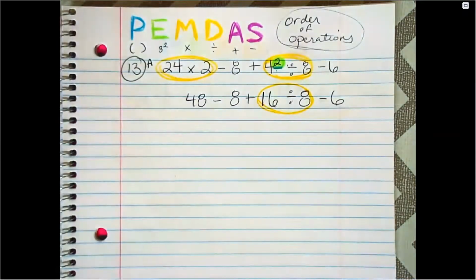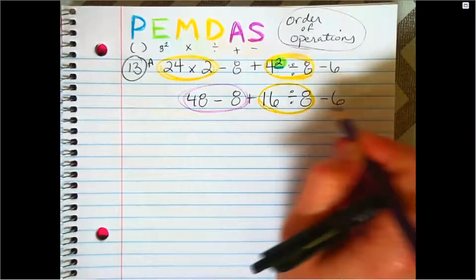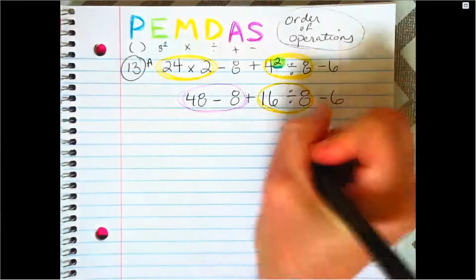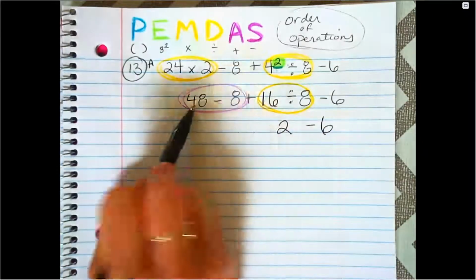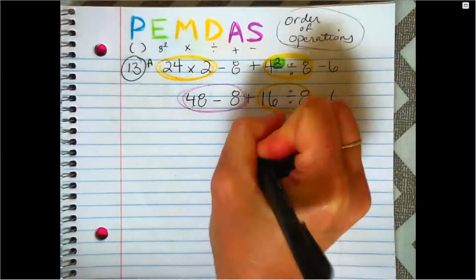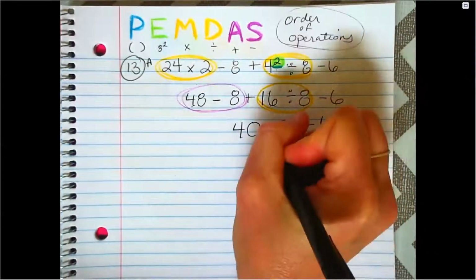And then I can do this addition and subtraction problem, but I can't do anything here yet. So I can take 16 divided by 8, which is 2, minus 6. This is going to be 48 minus 8, which is 40.